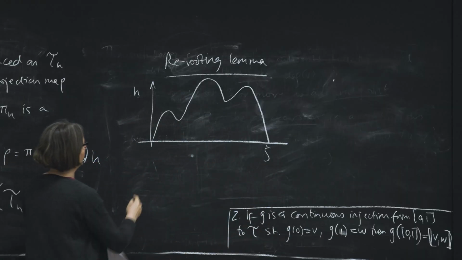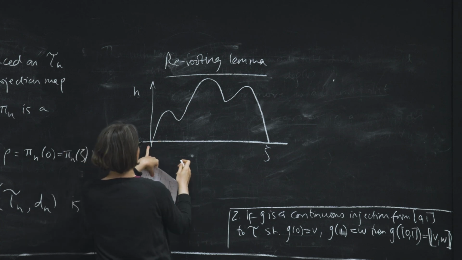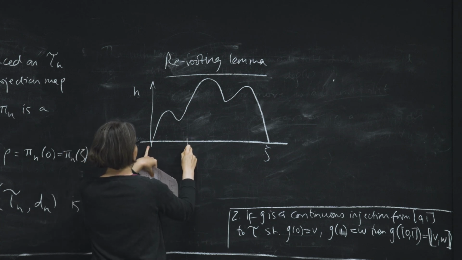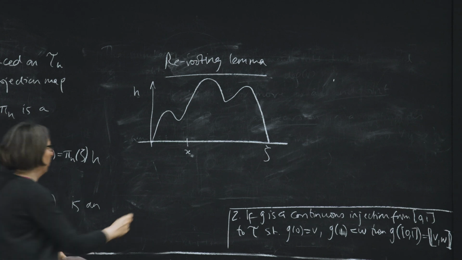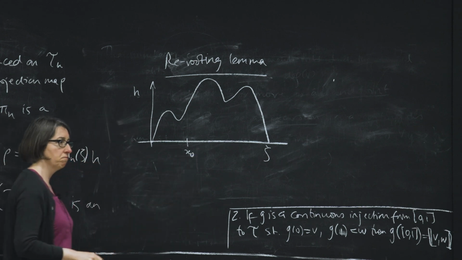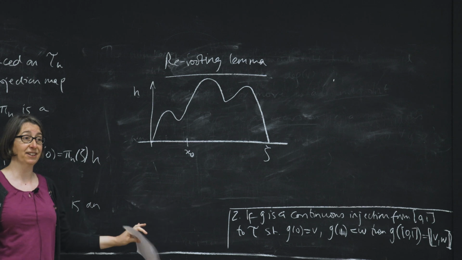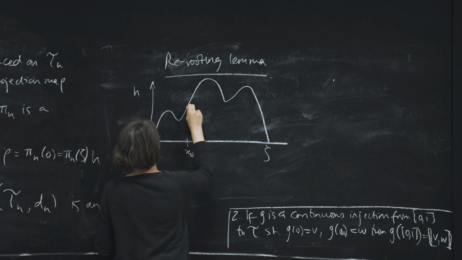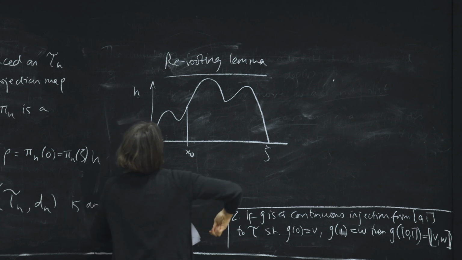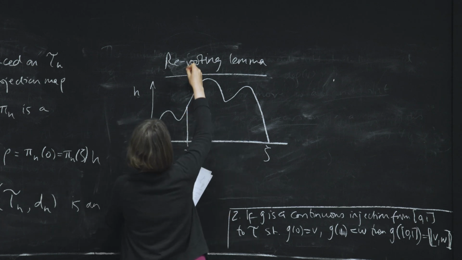What I want to do is move the root from being 0 to being whatever the image of this point x0 is. I've just picked some point in the interval 0 to zeta, and I want to move to being rooted here. And the way to do that is as follows.